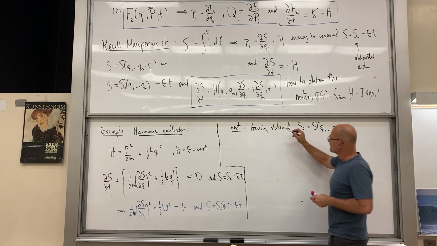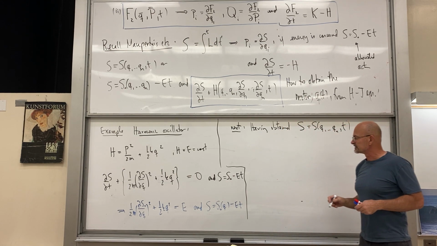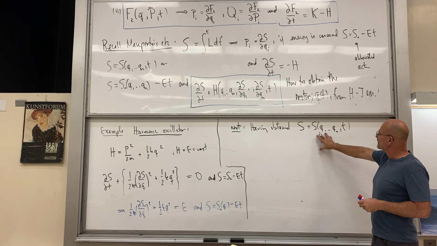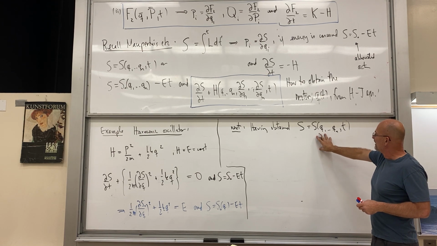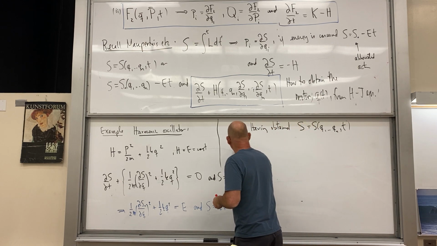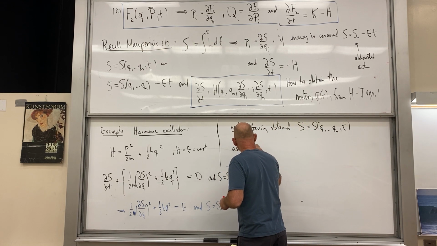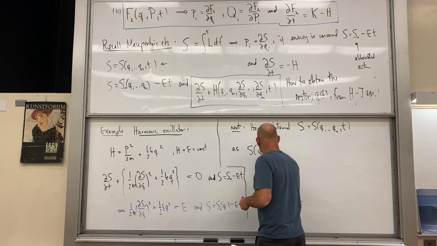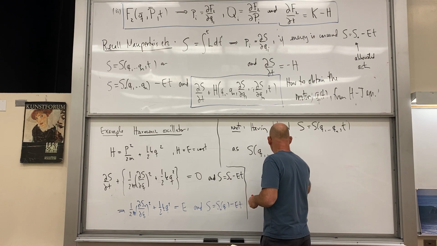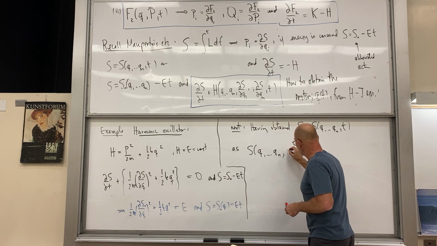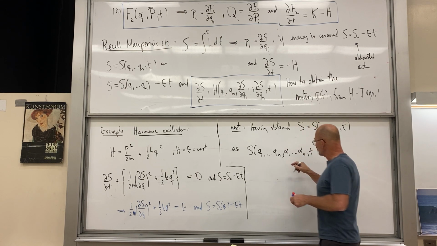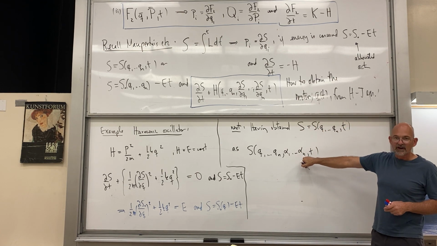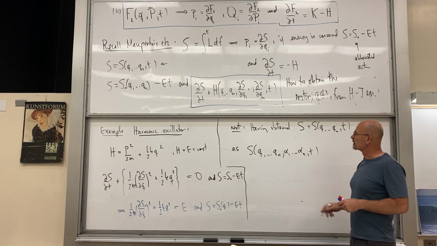Oh, and I should say, this is the solution to the PDE, the partial differential equation. Therefore, we've obtained it as S of q1 to qn, and then alpha 1 to alpha n. In other words, there are n integration variables for this partial differential equation.